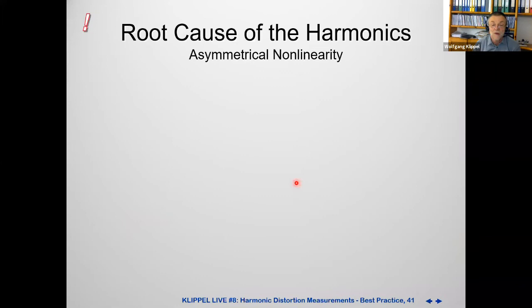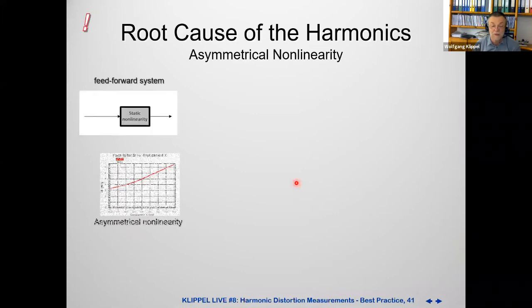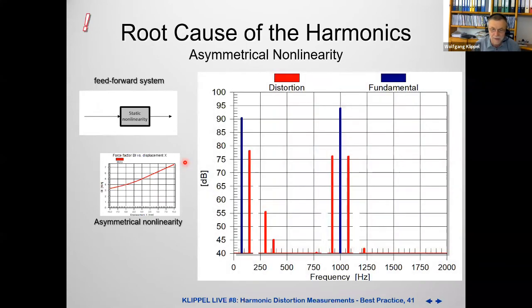Okay, now an asymmetry. Think about you have here a very, very bad BL curve. You have a huge voice coil offset, and you have such a straight line in the BL curve. Then you get actually second order distortion.